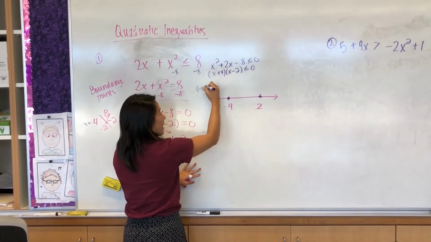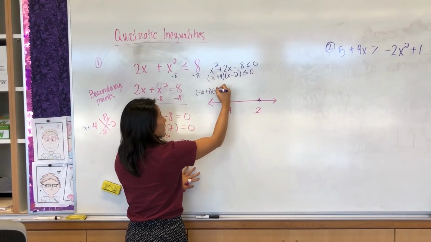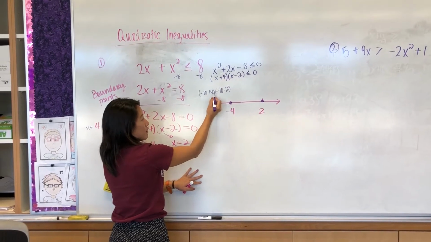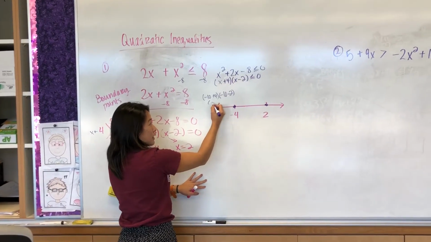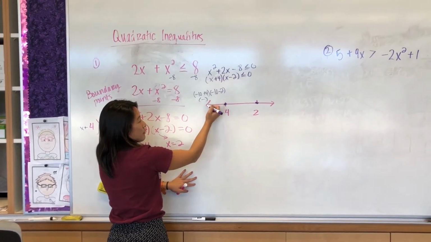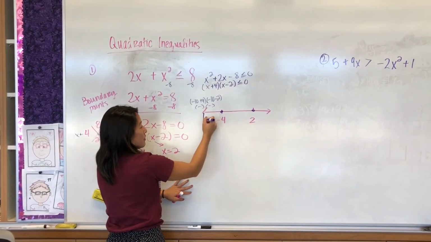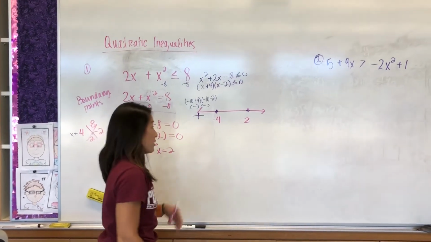Okay? Negative 10 plus 4 times negative 10 minus 2. Negative 10 plus 4 is a negative number, and negative 10 minus 2 is also a negative number. So a negative times a negative will give me a positive output.